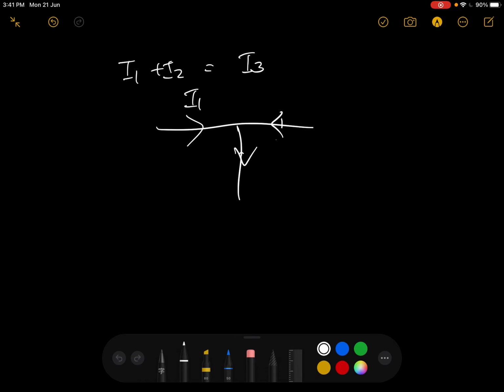How about this one? I1, I2, I3. Again, the sum of the currents going into a point is equal to the sum of the currents going out of the point. So here, I1 plus I3 equals I2, because these two are going into it and this one is going out of it.